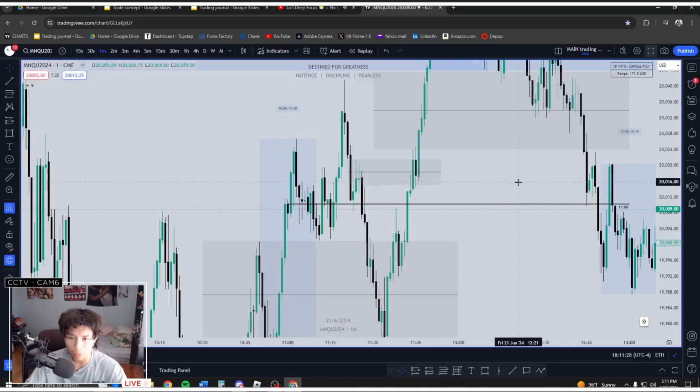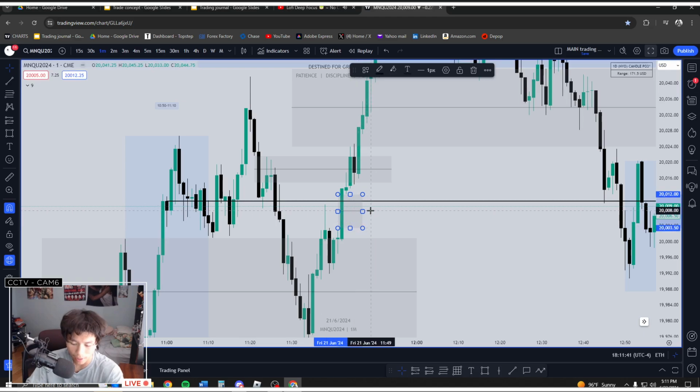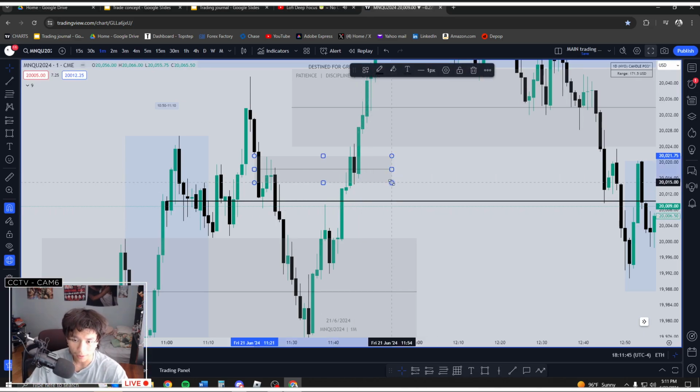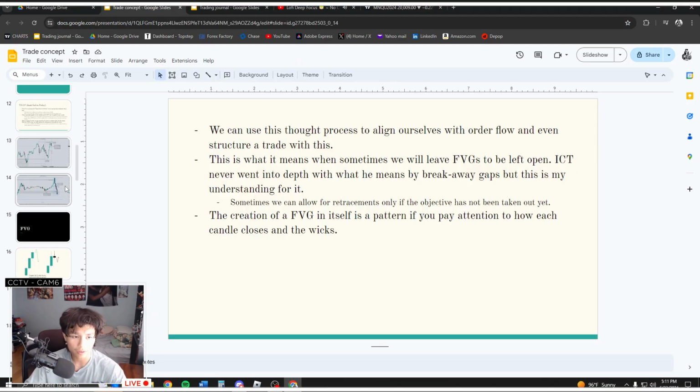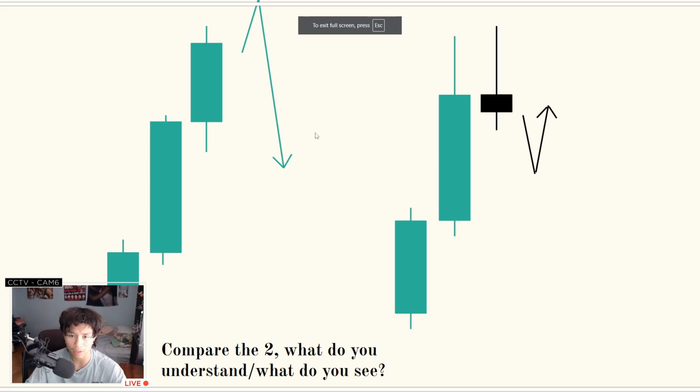He would have said something like, oh, because we came into this inversion fair value gap, we shouldn't trade back into this FVG anymore. This FVG should be treated as a breakaway gap. Blah blah blah. My understanding of it is purely based off of how this structure is created right here.